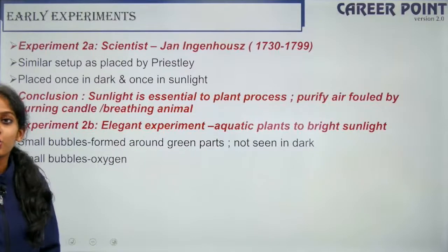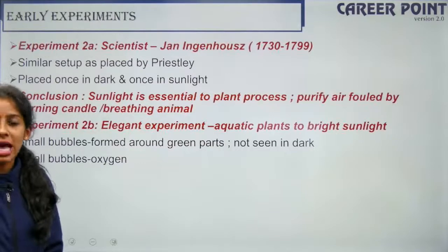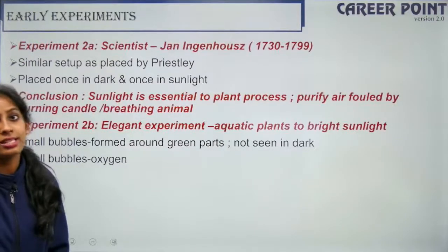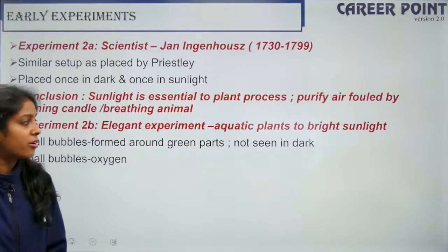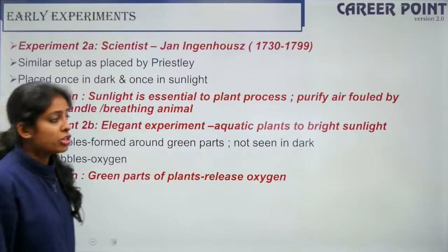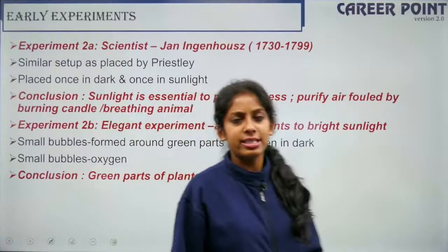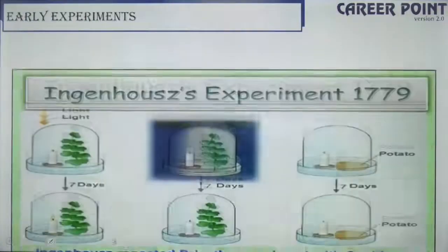So oxygen is released only in the presence of sunlight. Obviously, photosynthesis happens in the presence of sunlight, and as a byproduct oxygen comes out. With the evidence of the bubbles he found out that the green parts of the plant release oxygen. Not all parts of the plant release oxygen, only the green part.